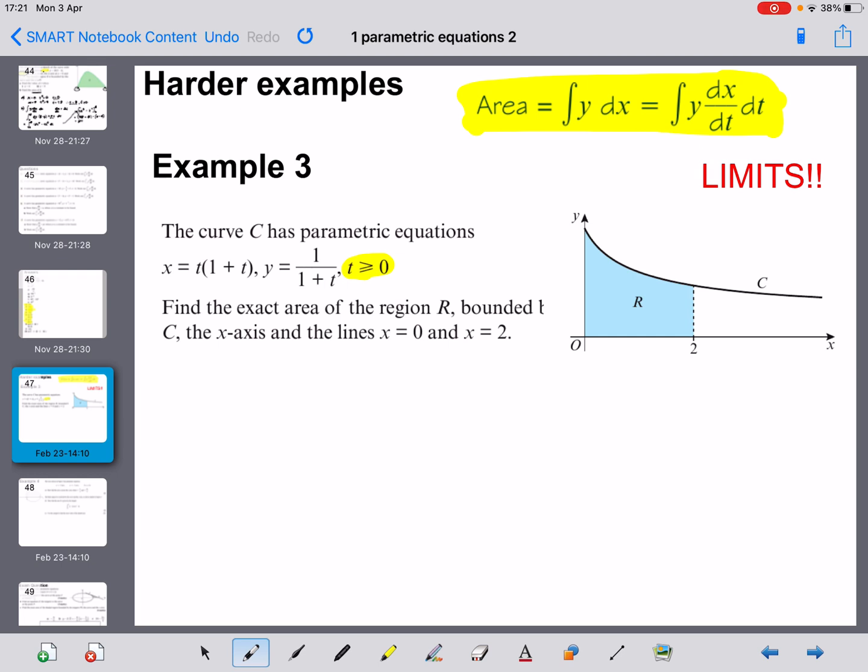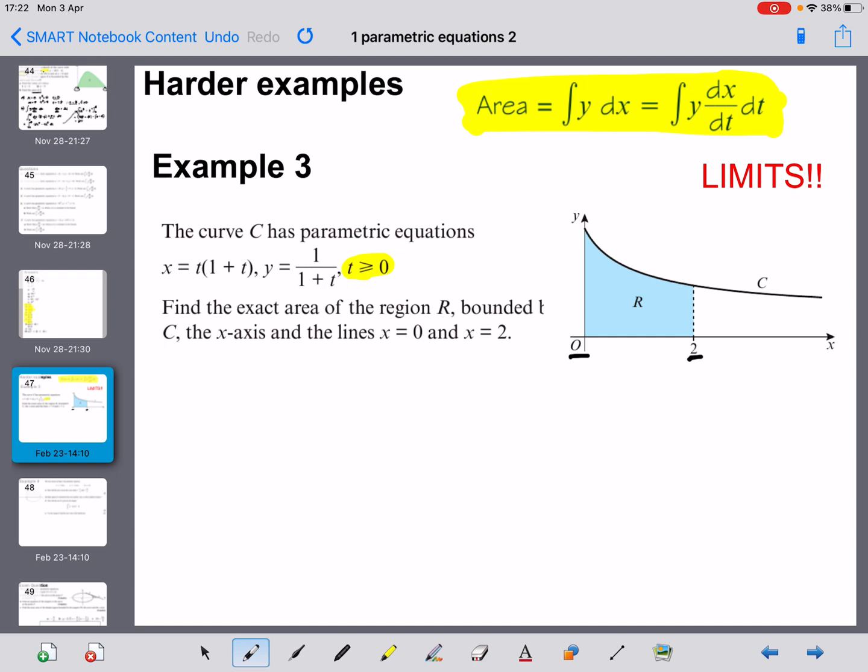Okay, right, so the first thing, it says here, limits. The first thing I would do is convert my x limits into t limits, because remember we're going to get a function of t. So here that's x is equal to 0. Here that x is equal to 2.